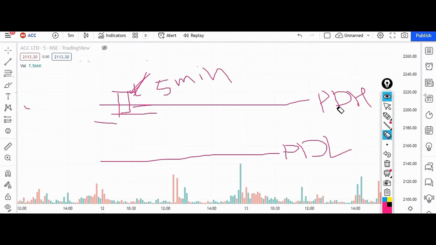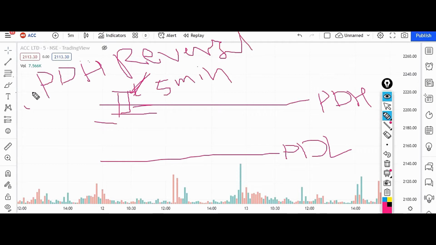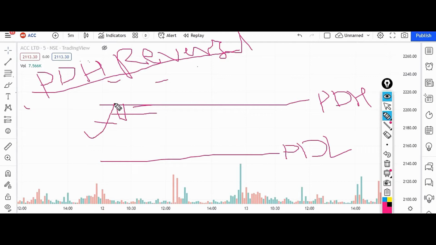The next scenario is the PDH reversal trick. If a candle closes below the previous day high, if price opens like this and closes below it, or if price opens here and hits this level and makes one red candle, then in this scenario it can meet.